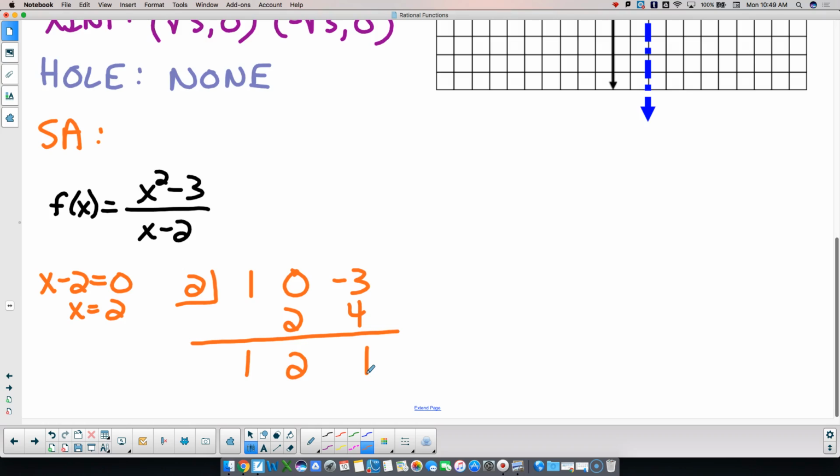Divide it out. Step B, drop the remainder. Step C, so it's y equals x plus 2. How do I graph the line y equals x plus 2?